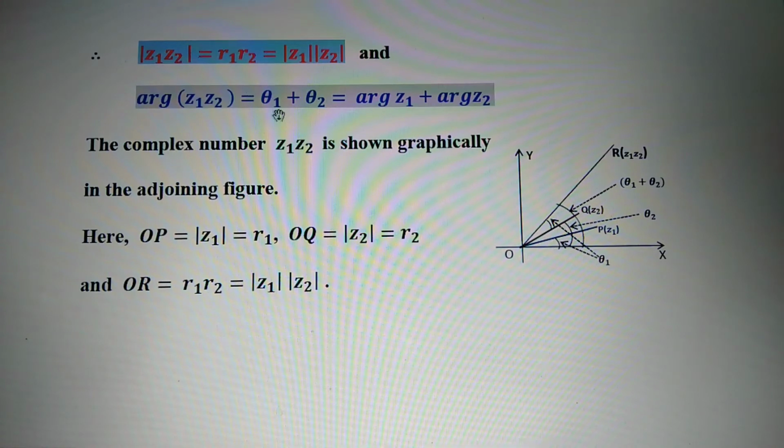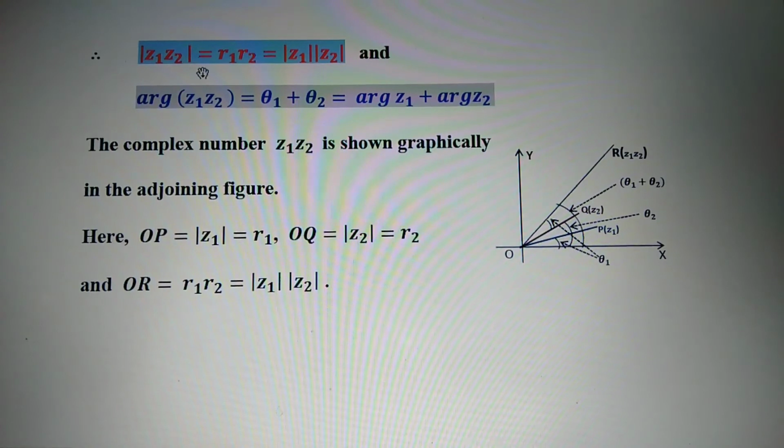So we have the amplitude or argument of z1 into z2 is theta 1 plus theta 2. Now what is theta 1? That is the argument of z1, and theta 2 is the argument of z2. So the argument of the product of these two is equal to the sum of the arguments of z1 and z2.